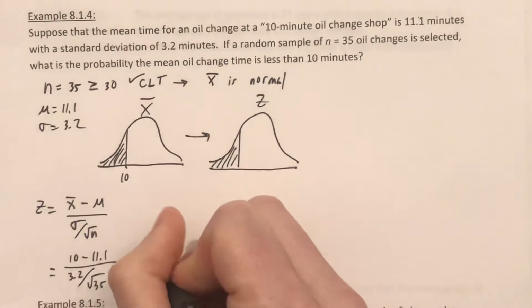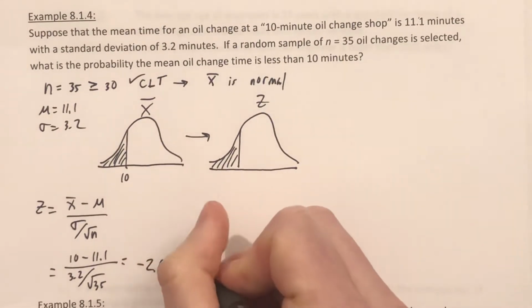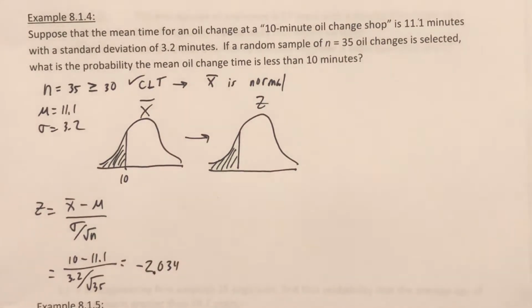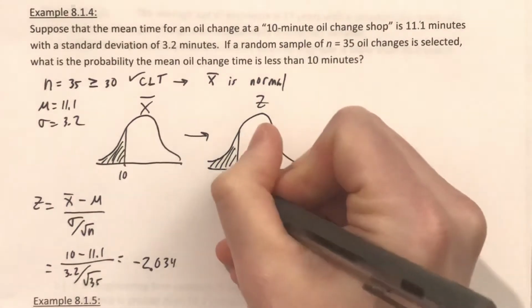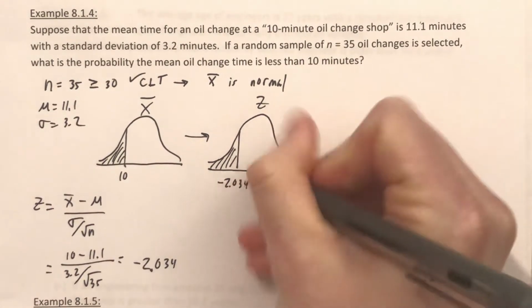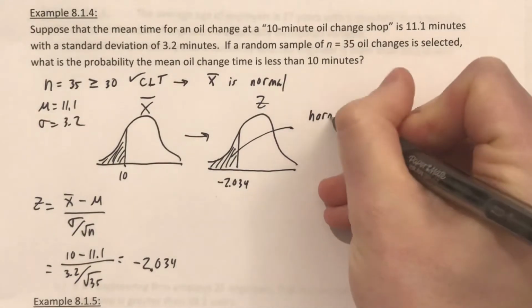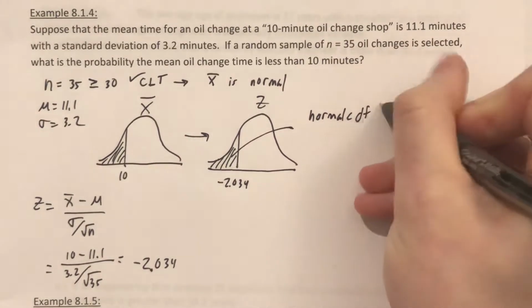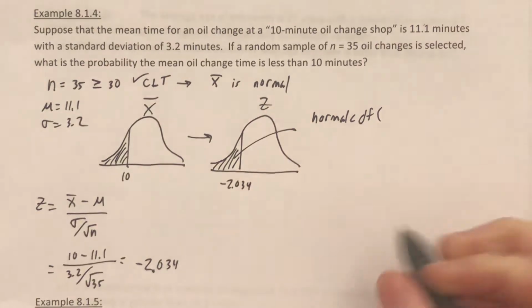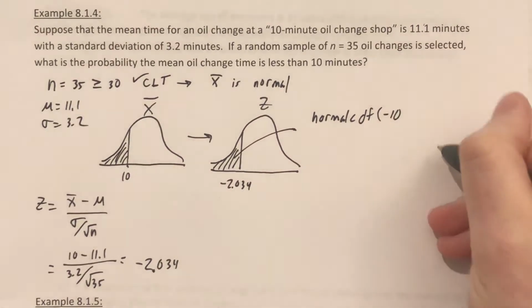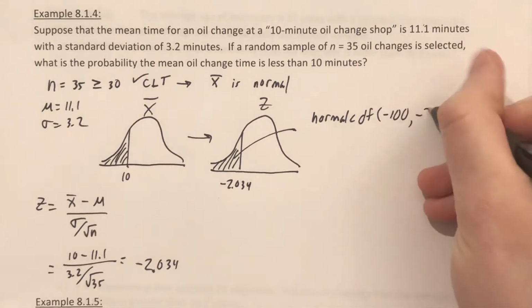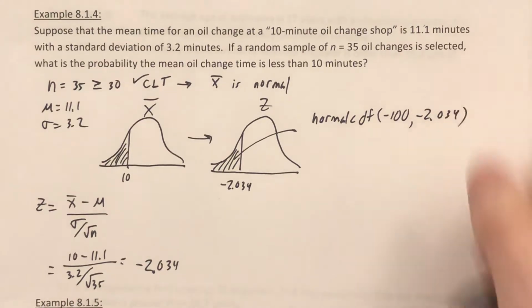And that's giving me a z-score of negative 2.034 if I round. That is the label we can put down here as the boundary line. And then to get that area, we're looking at normal CDF. And since this goes off to the left, shaded left forever, we'll need our negative 100 up to the negative 2.034.